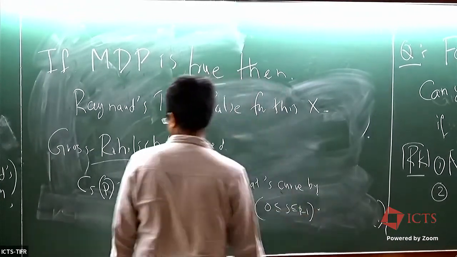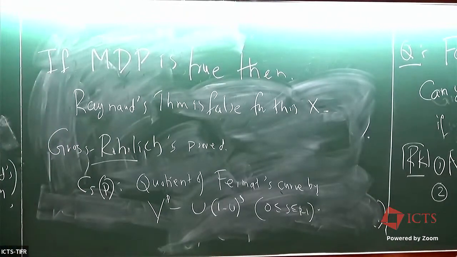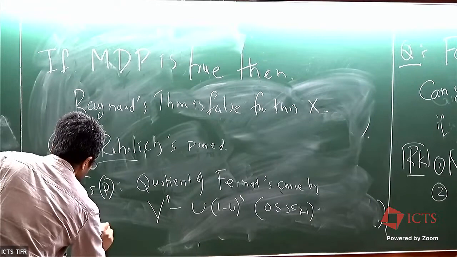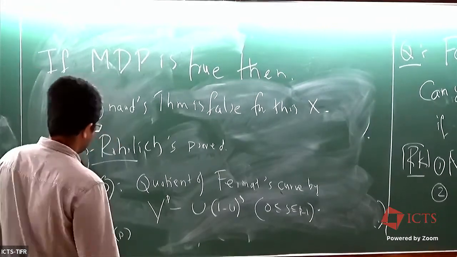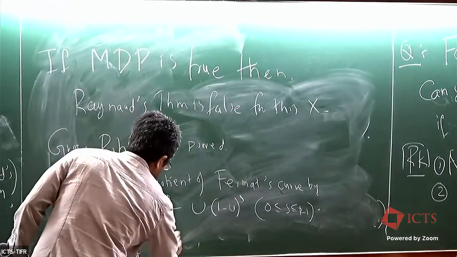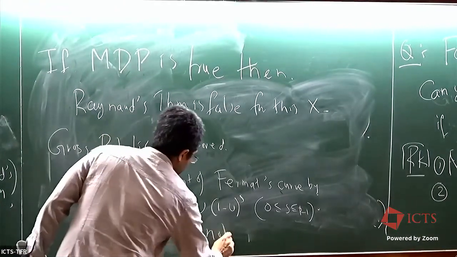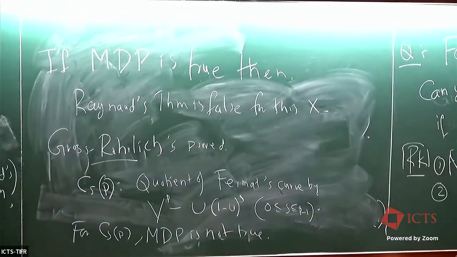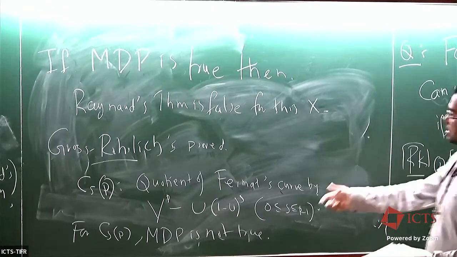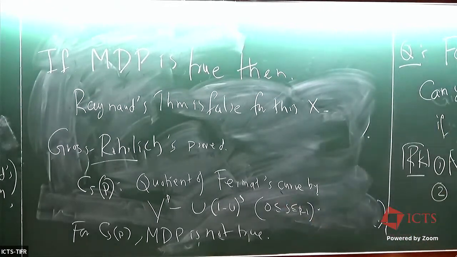You take this curve and this is a quotient of the Fermat's curve of exponent p, for which the Manin-Drinfeld property is not true. Sorry? Yeah, sure. Yeah. So yes, it's not always true.